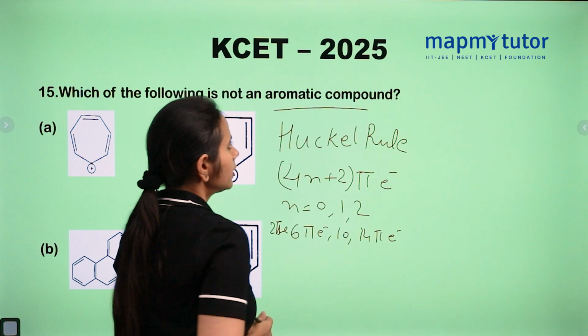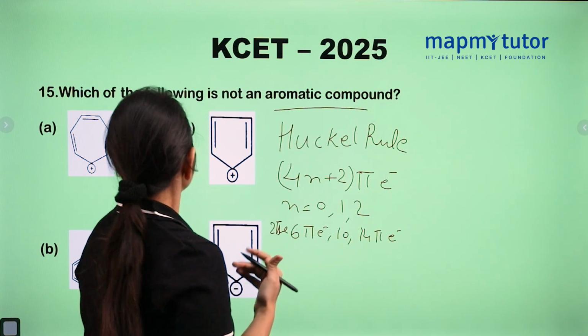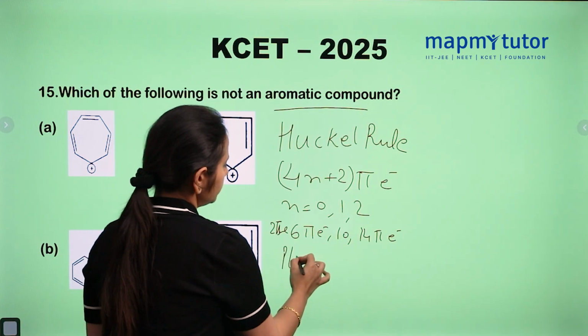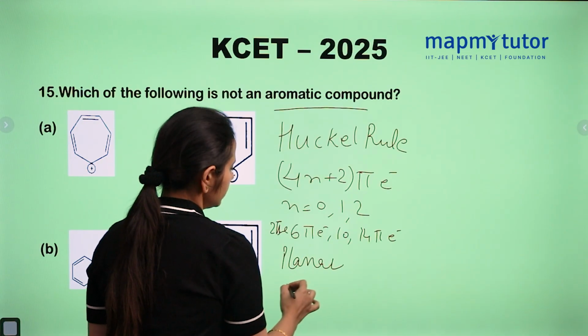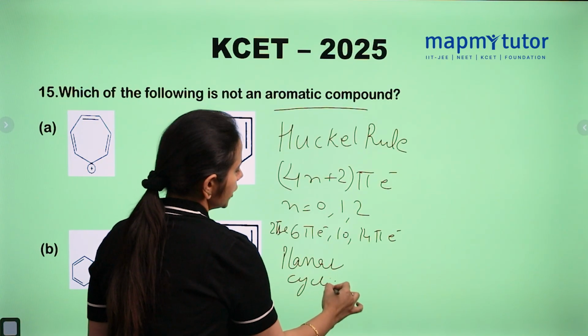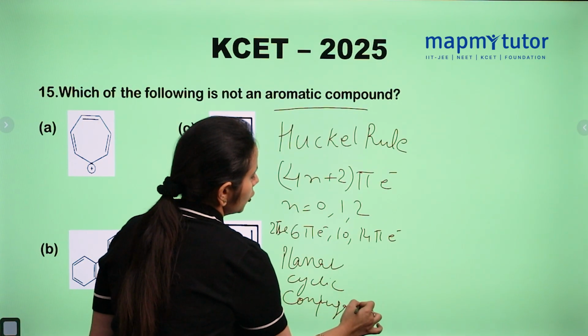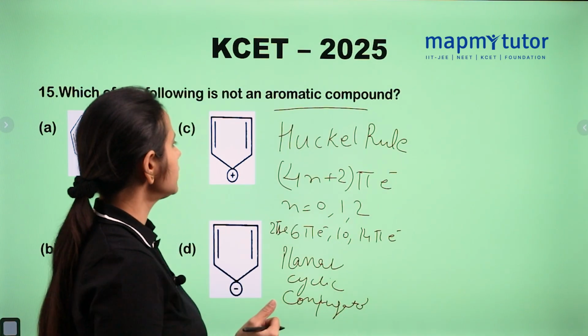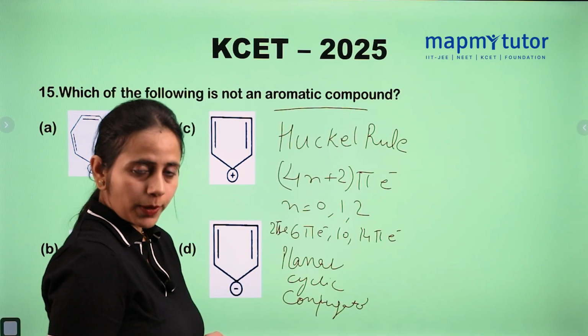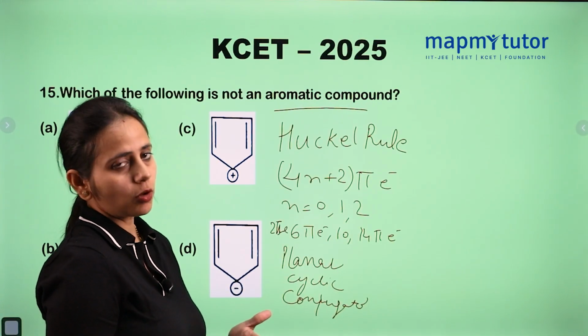Along with this, a molecule should be planar in nature, cyclic and conjugated. So these are the 4 points that must be followed by an aromatic compound: 4n plus 2 pi electrons, planar, cyclic and conjugated.